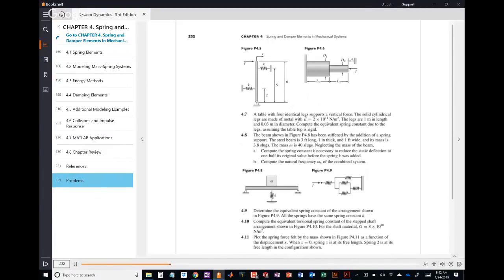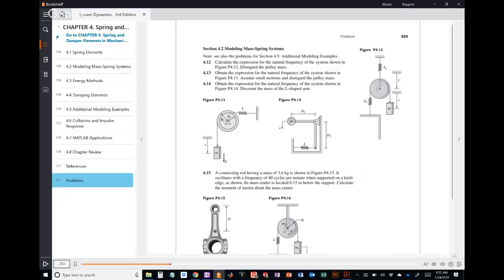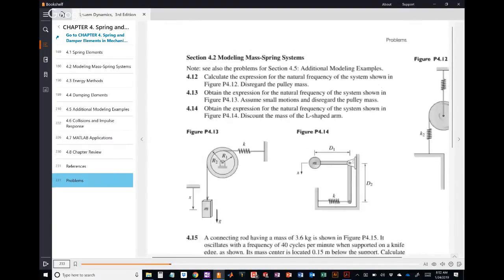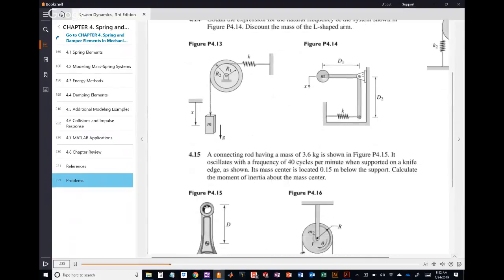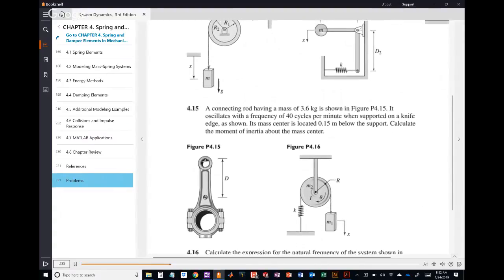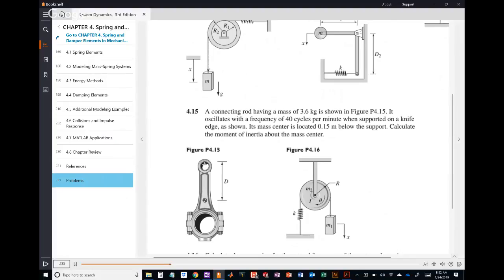Because, you know, even when you have something like this. What about the figure below that, the 4.16? Did we have a problem where we had to take into effect? Yes, but it was not a combined.